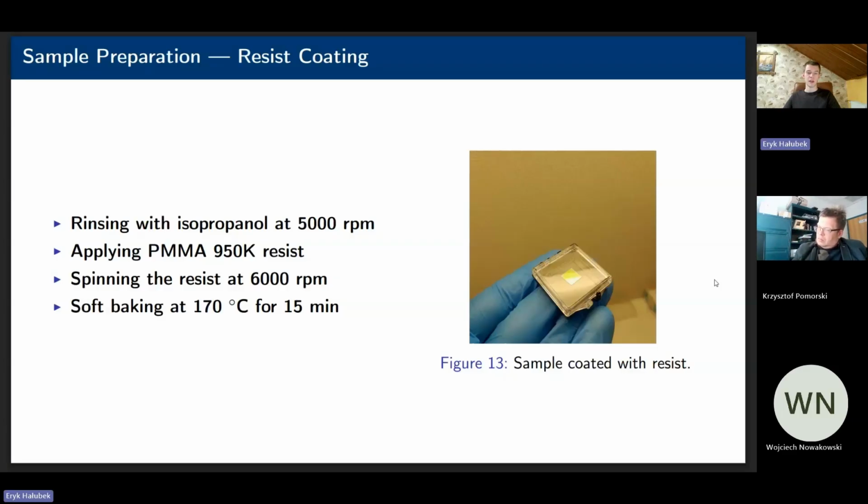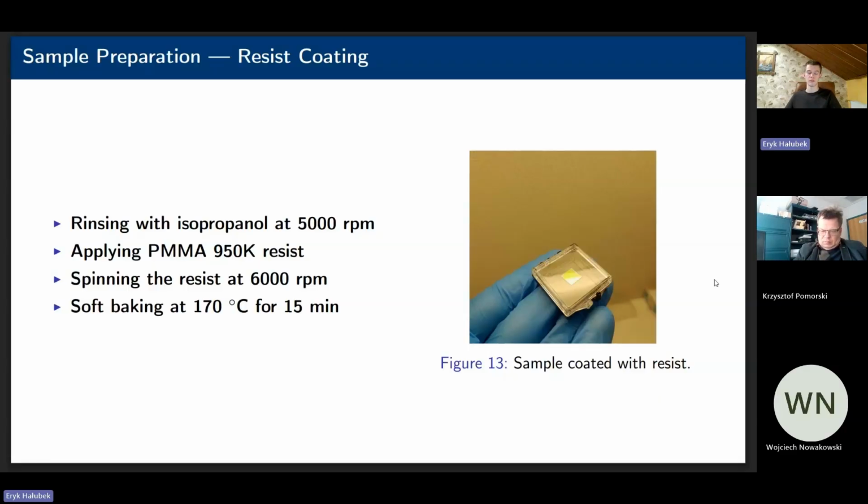So after applying this substance, which is dissolved in anisole, we spin it at 6,000 rotations per minute for about a minute to form a layer of around 200 nanometers.